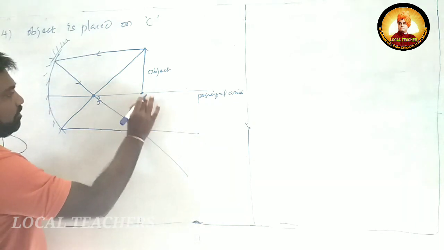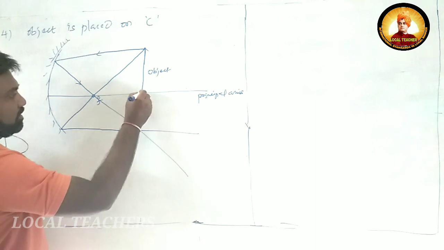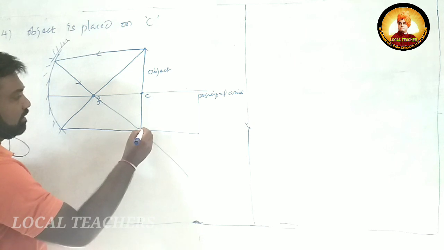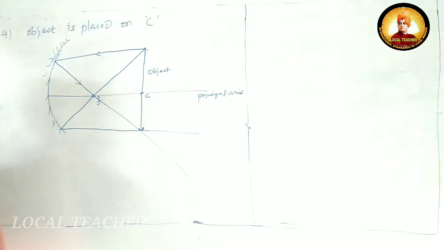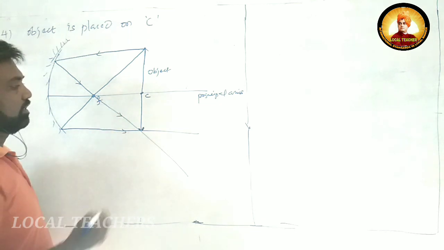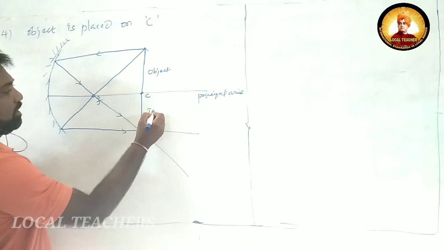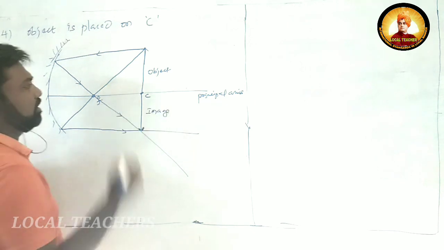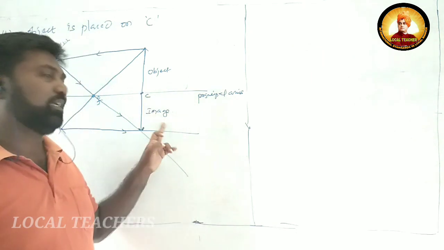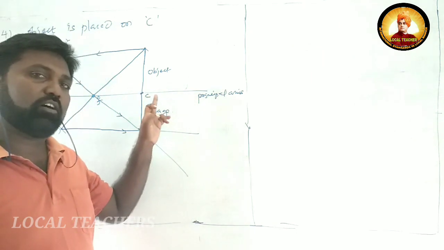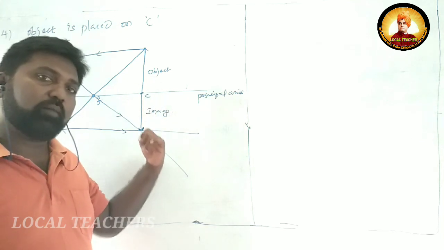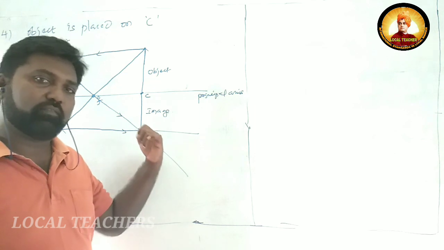Here, from the center of curvature, draw a line where the two reflected rays intersect. Here it forms an image. So when we place the object on the center of curvature, the image is also formed on the center of curvature.